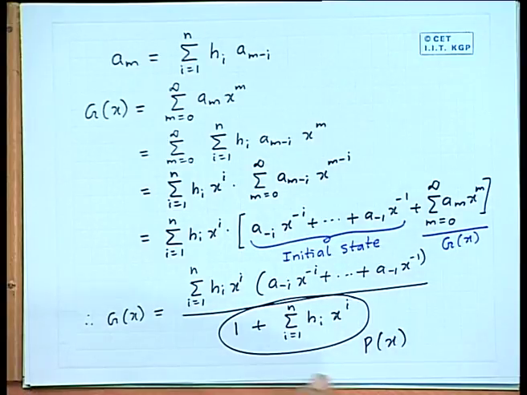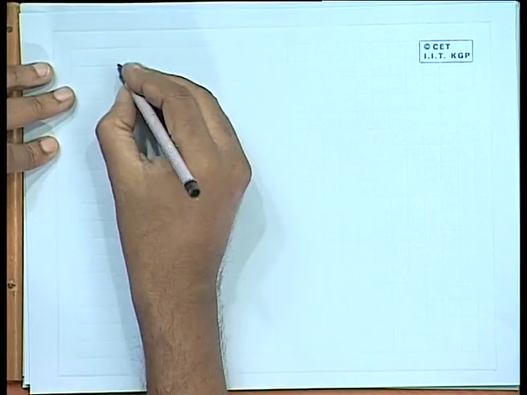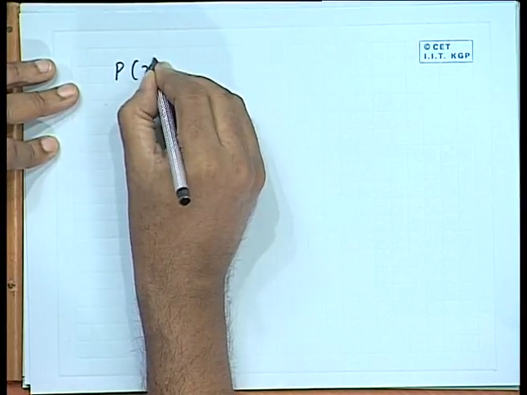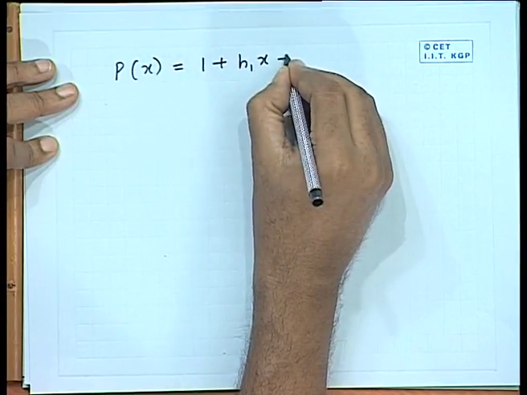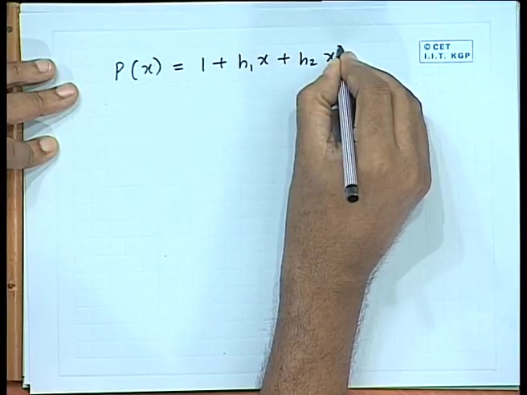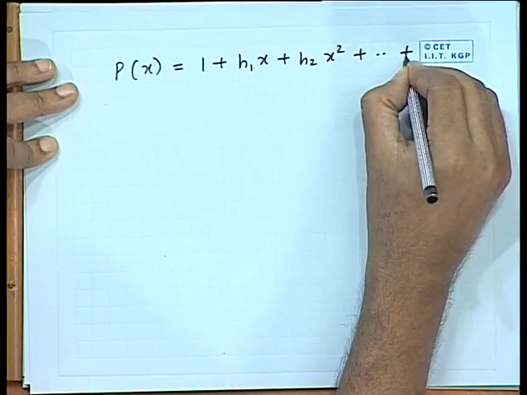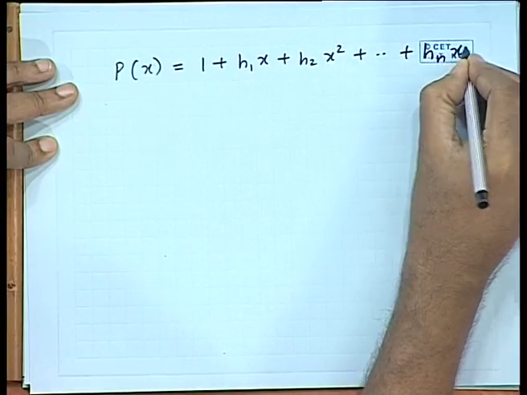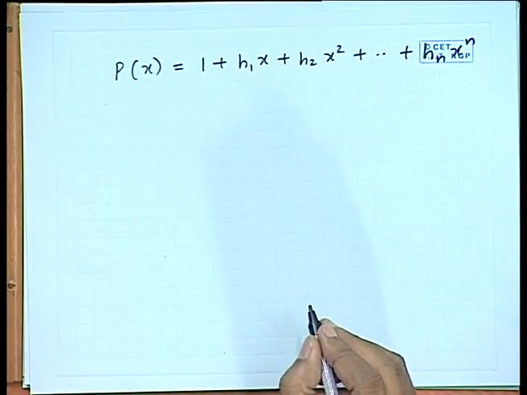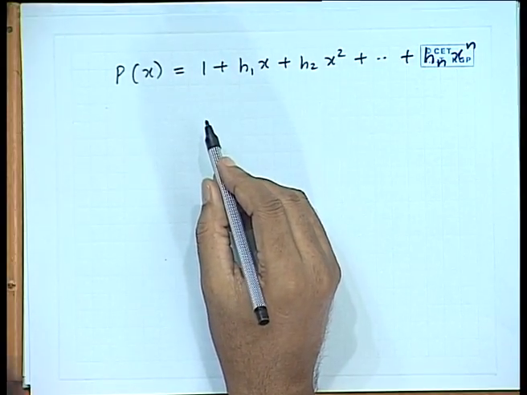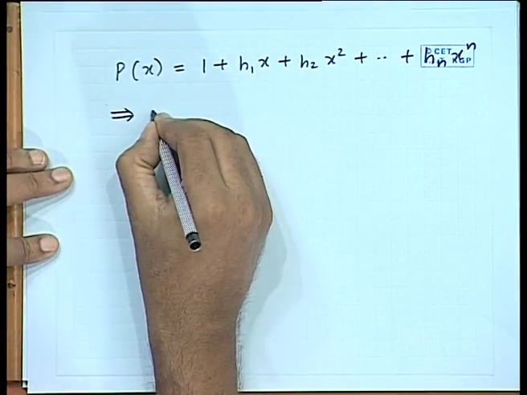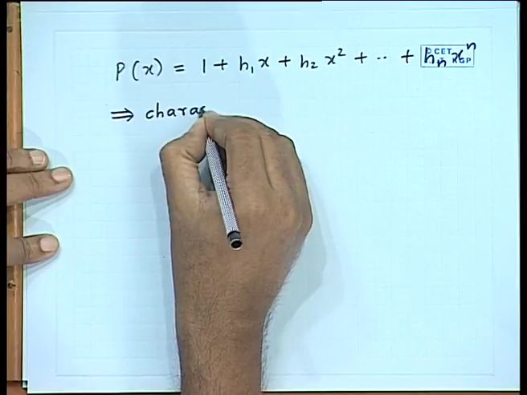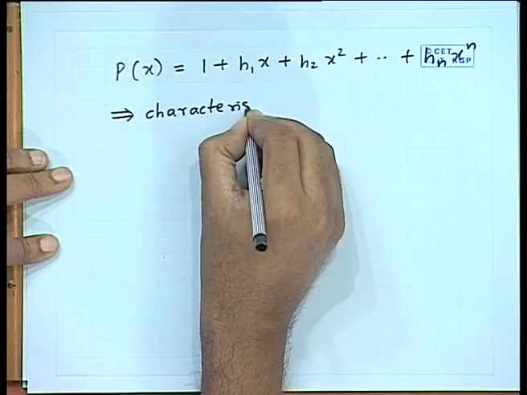So, if you write down the expression for p x from here, p x will become 1 plus h 1 x plus h 2 x square plus h n x to the power n. Now, this polynomial p x is called the characteristic polynomial of the LFSR.